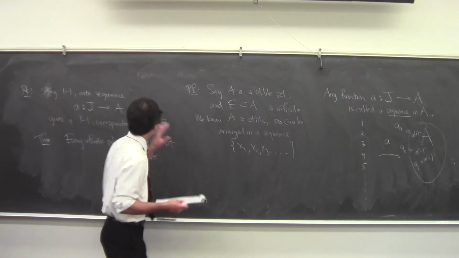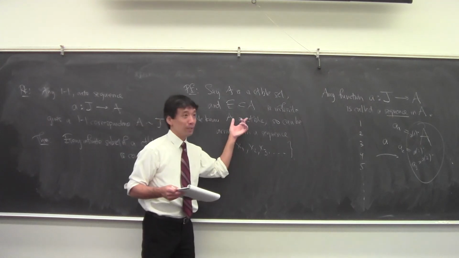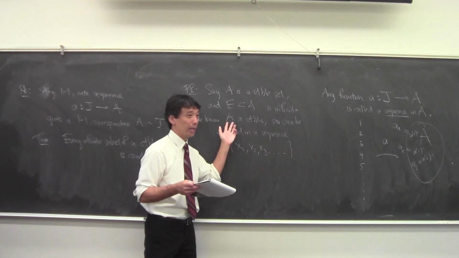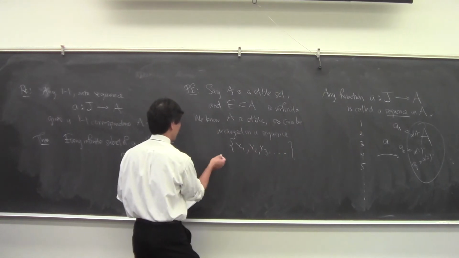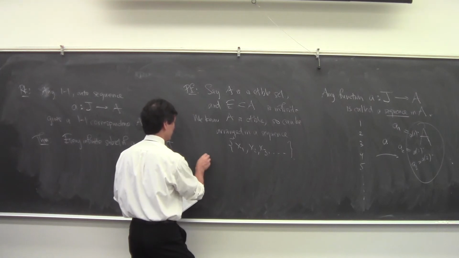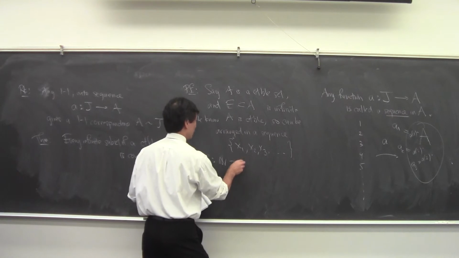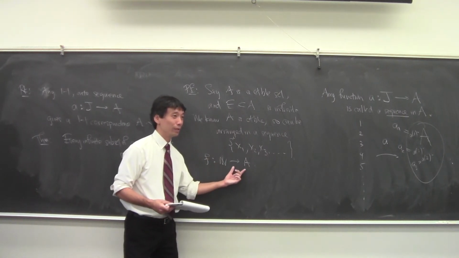Okay, so this is what I was trying to say over here, and I think I didn't say it clearly enough. What does countable mean? Countable means that there's a one-to-one correspondence between your set and the natural numbers, right? So you know that there's some function going from the natural numbers to A, and this is a one-to-one and onto function.